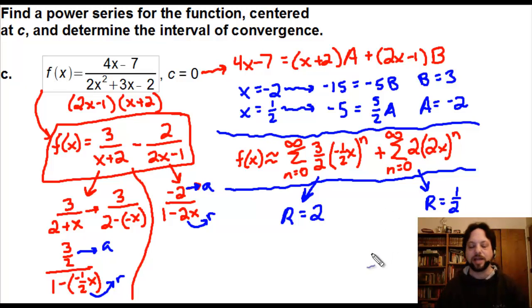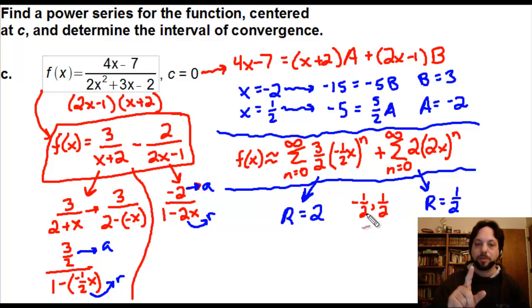That wasn't relevant yet. But clearly this has the smaller radius, and so that's the one I'm going to use. If I set up my interval, it'll be centered at 0, so it will go down to negative 1/2, up to positive 1/2, and now, again, pause the video if you haven't done this yet, and find out whether these two endpoints are within the interval of convergence. I'll wait.